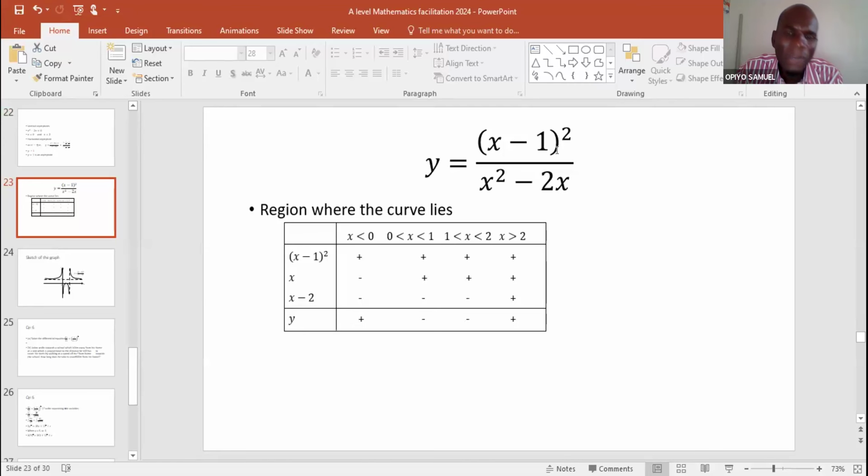So even when you do long division, you get 1, which is a constant, y equals 1. However, if it was x cubed over x squared, you would get maybe 2x minus 3, something like that. That will give you the line y equals 2x minus 3, which will be the slanting asymptote. So we should always use long division when the numerator is greater than the denominator.